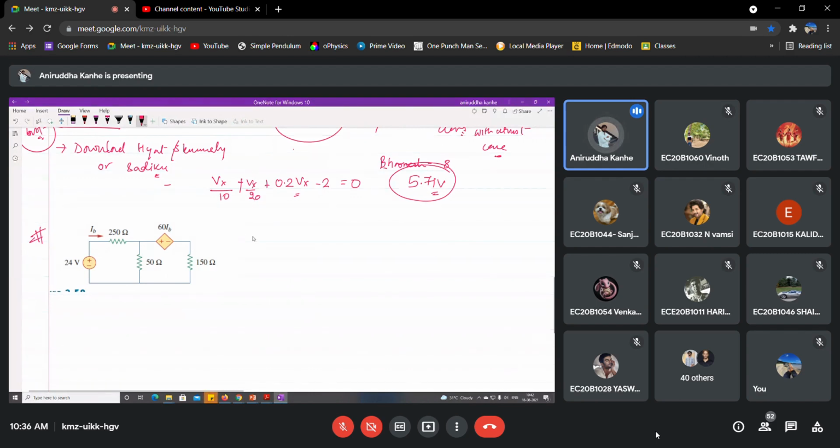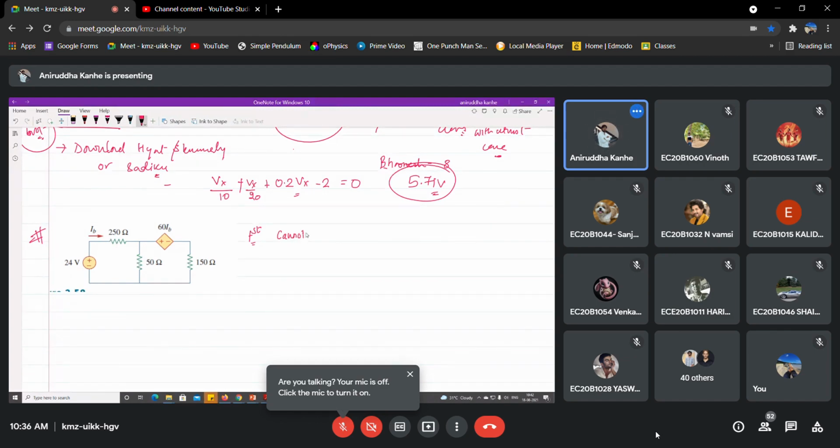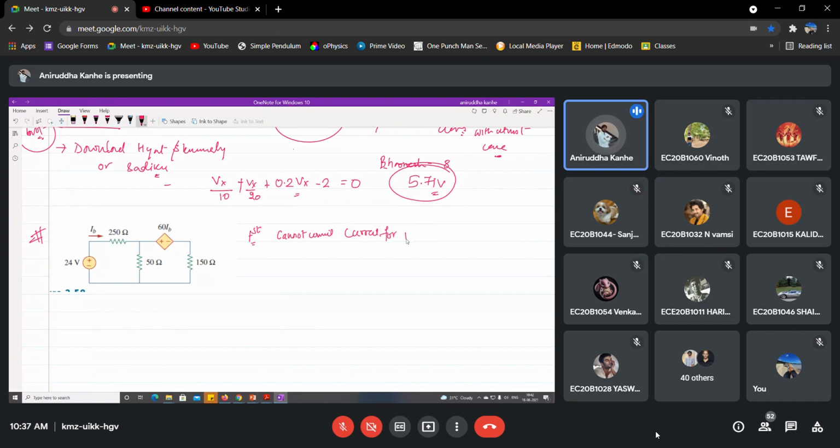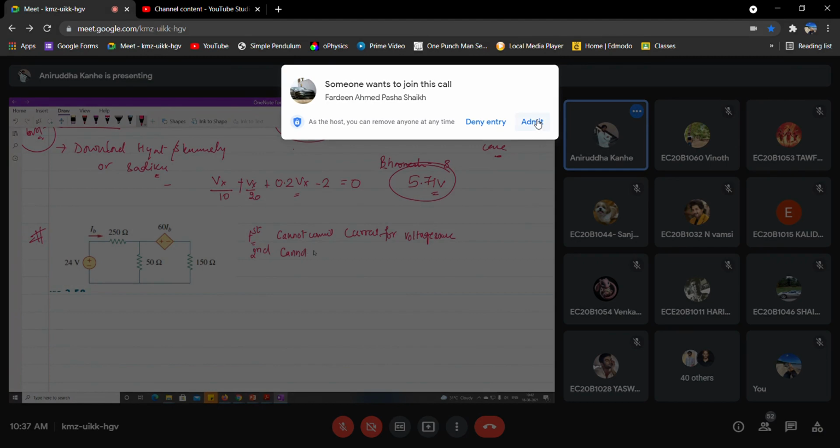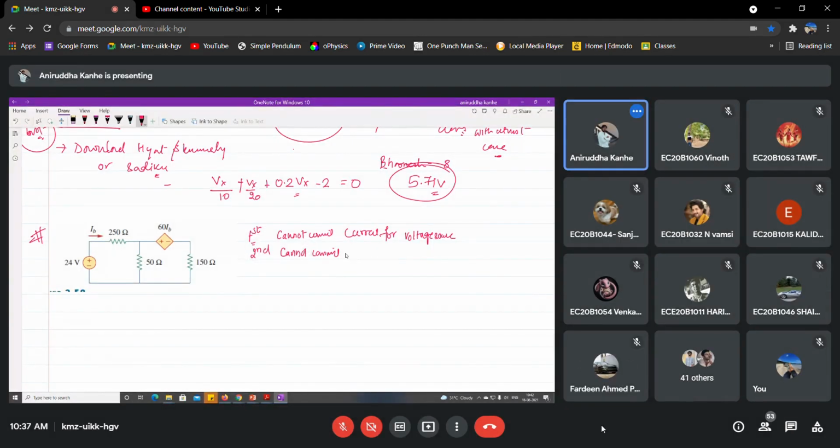See, first thing you should understand. For that, you have to read the book. You cannot comment on the current of a voltage source, and similarly you cannot comment on the voltage of a current source.